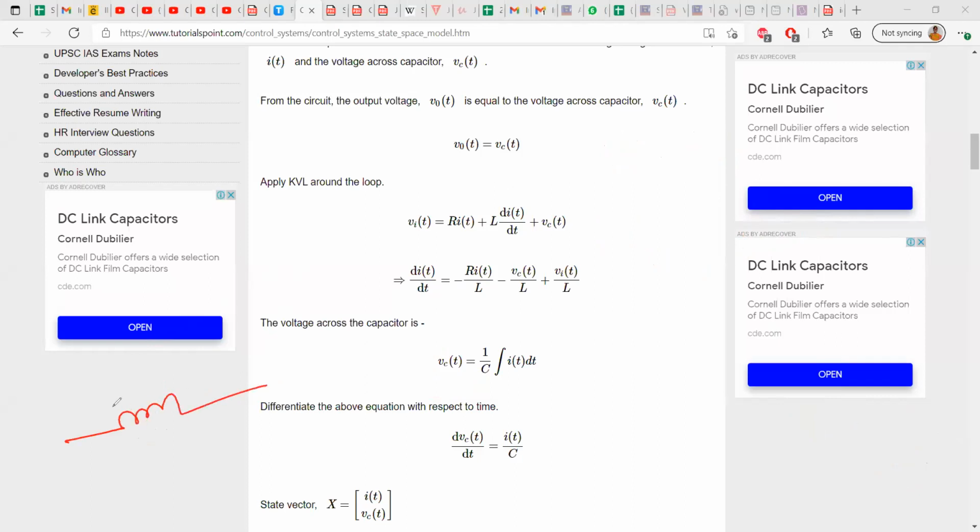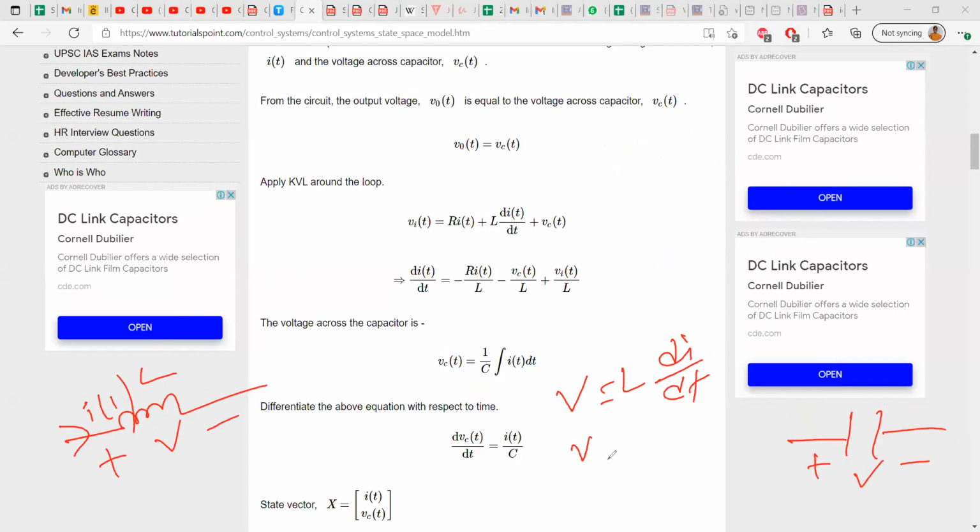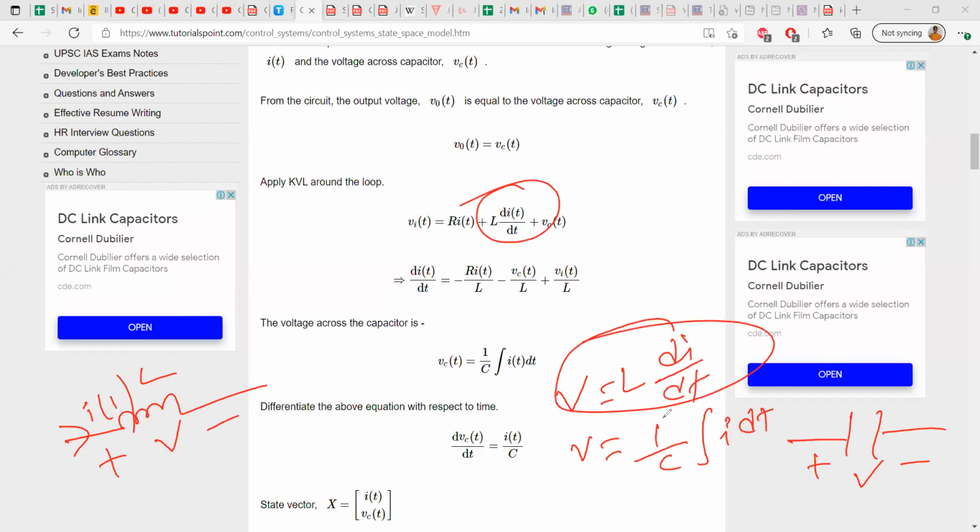Voltage across the inductor is L di by dt. If you take the capacitor, what is voltage across the capacitor? 1 by C integral I dt. This is used here, and this one we are using here. Okay.